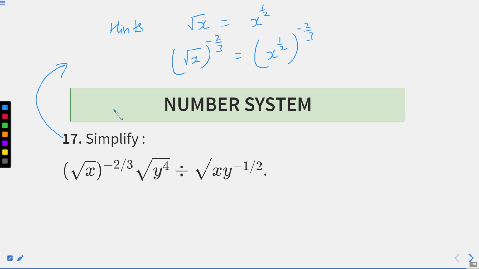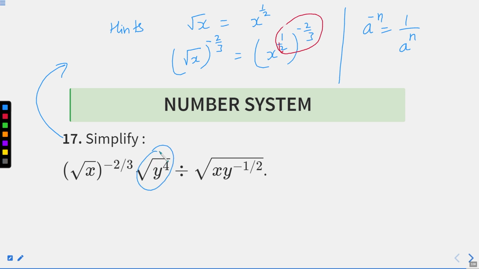And we know whenever we have brackets with powers in between, we just multiply the powers. So multiplying these powers, you will get the simplified form. I hope this is clear. And also remember, whenever we have a power minus n, we use it as 1 upon a power n.